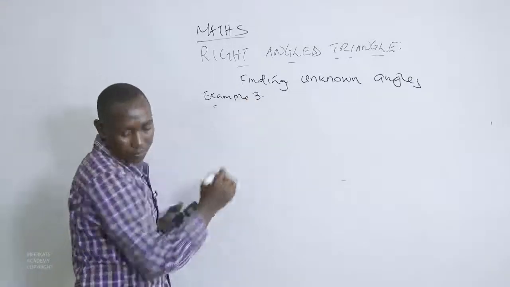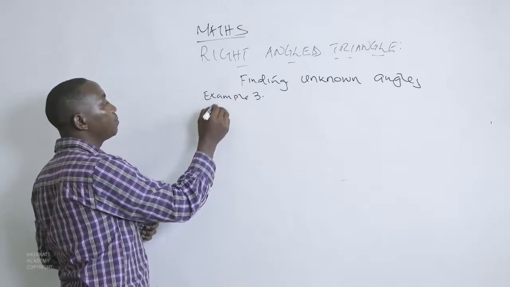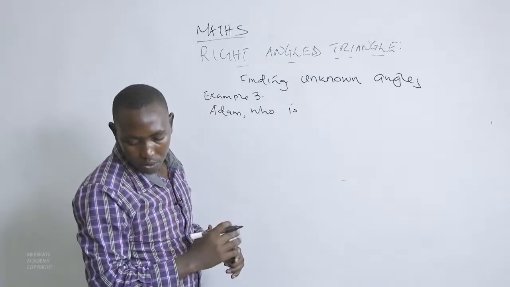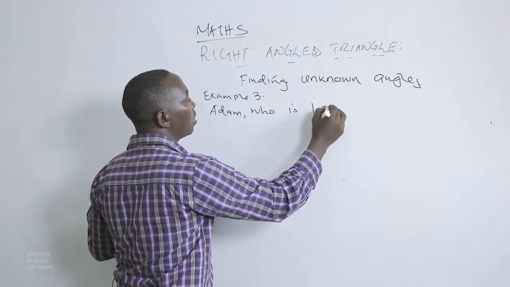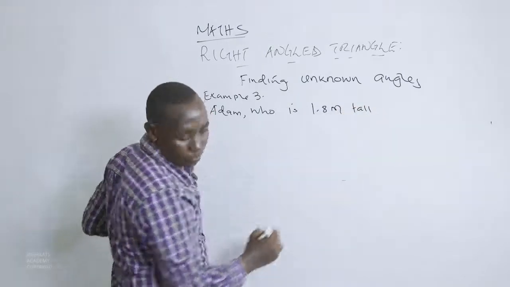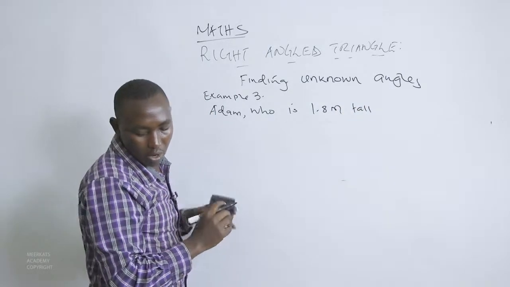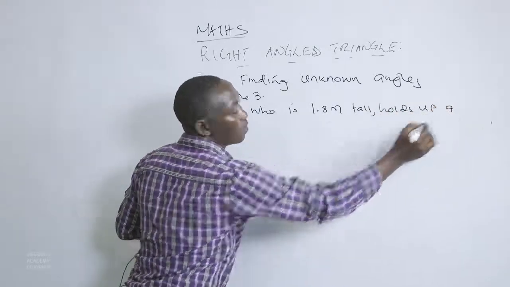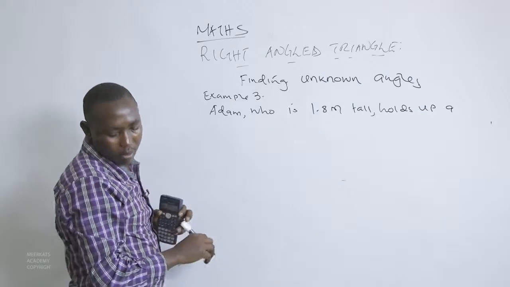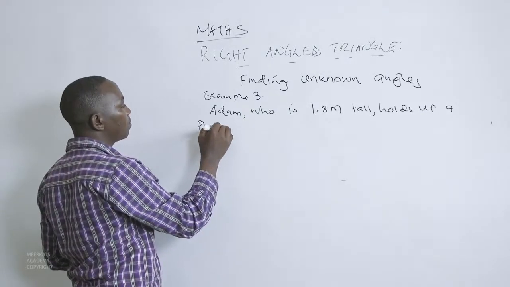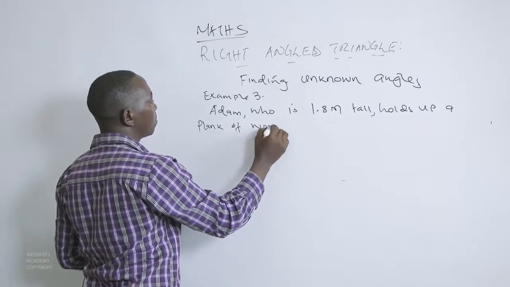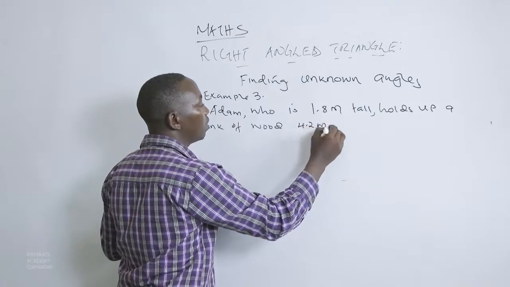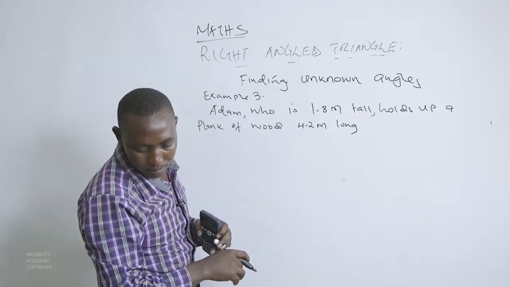Example 3, we are told that Adam, who is 1.8 meters tall, holds up a plank of wood 4.2 meters long.